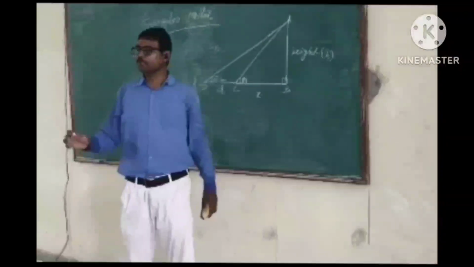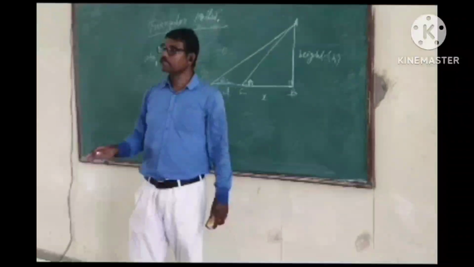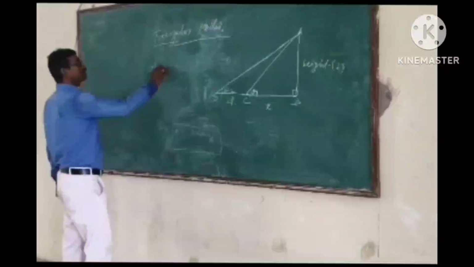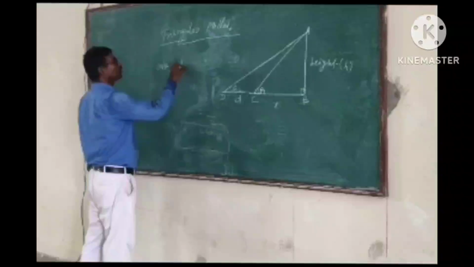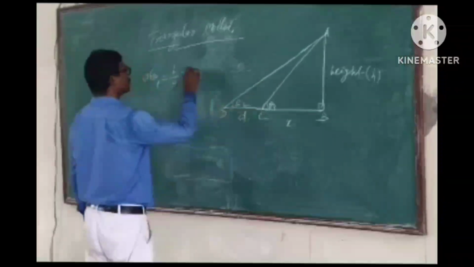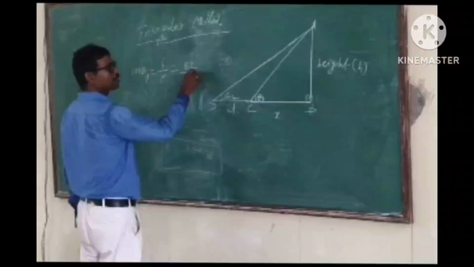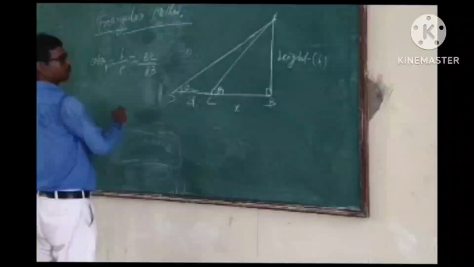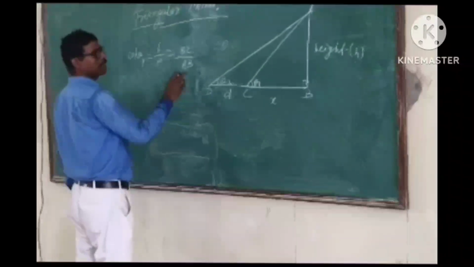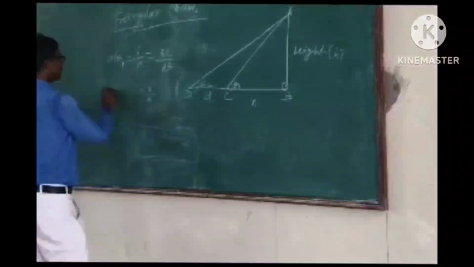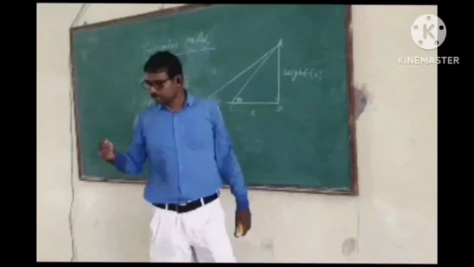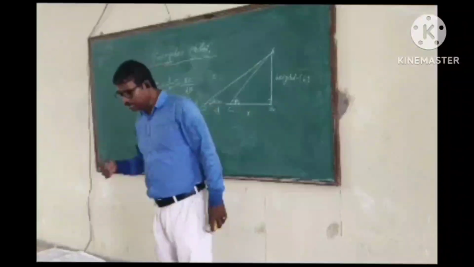Cot theta is the reciprocal of tan theta. So cot theta is equal to B by P, that is BC by AB. BC is X and AB is H. This is cot theta 1, so it is X by H.